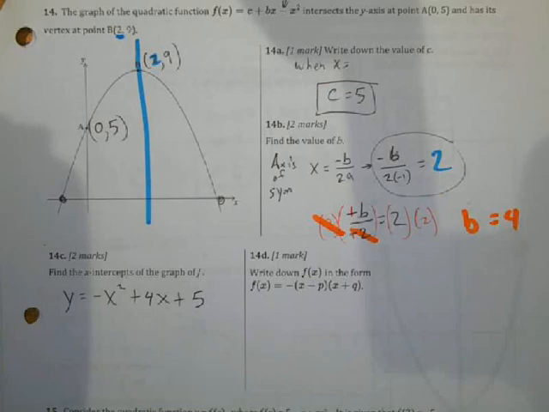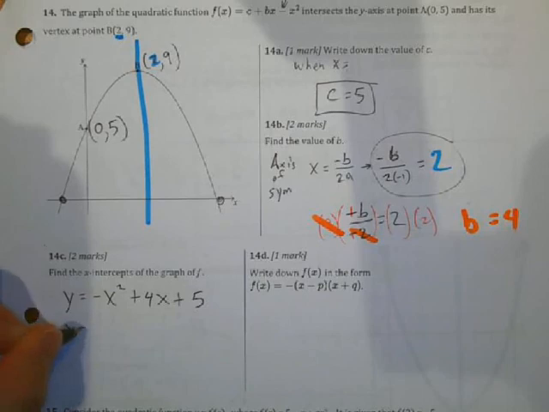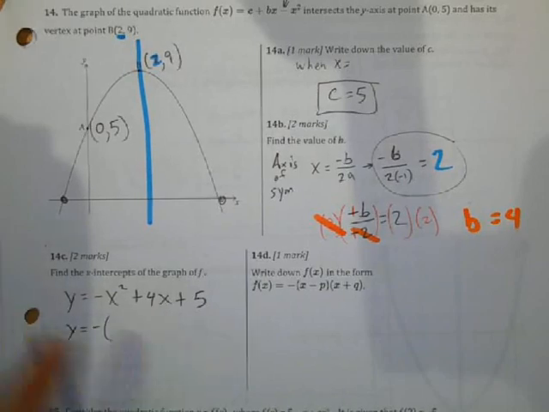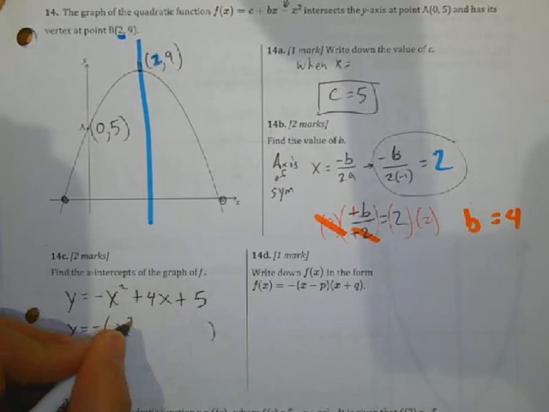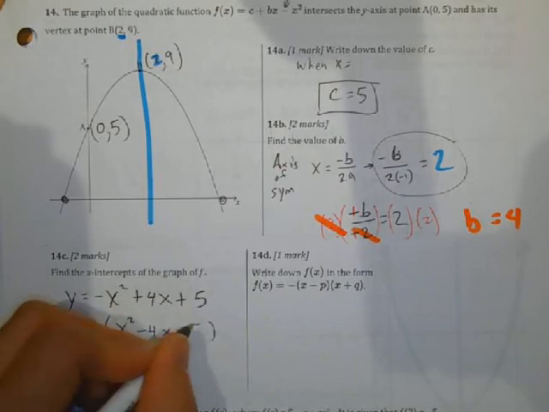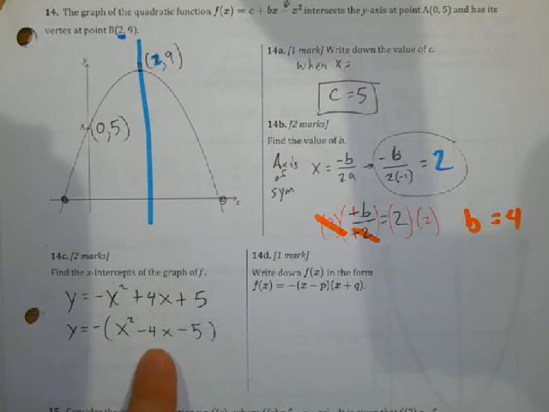Okay, so let's factor this out. I like to factor out the negative so that it's easier to factor. I don't like having x squared being negative. So now I've changed all the signs, so I've got x squared minus 4x minus 5 because I factored out that negative.